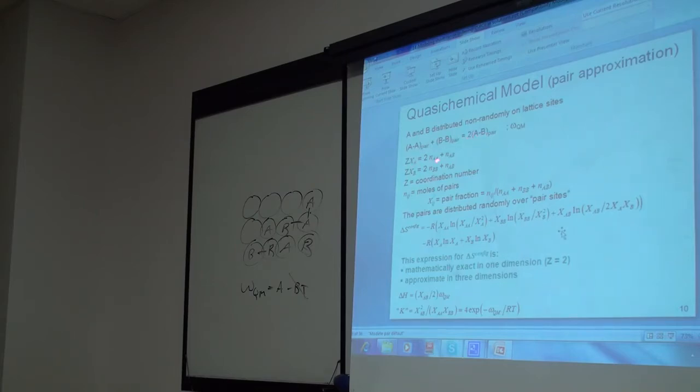This is your quasi-chemical mass balance, which we talked about. This is the number of bonds emanating from an A, and that has to be twice the number of AA bonds plus the number of AB bonds, and so on. So this is a mass balance, but it's a quasi-chemical mass balance, not a chemical mass balance. Number of pairs. The pairs are randomly distributed over pair sites.